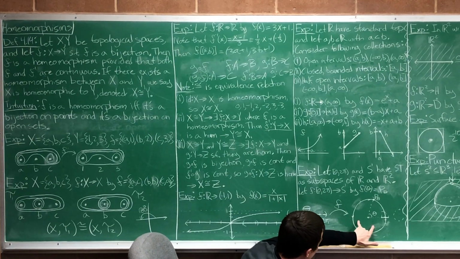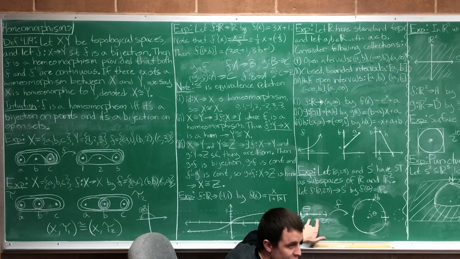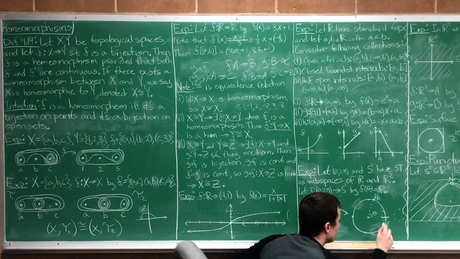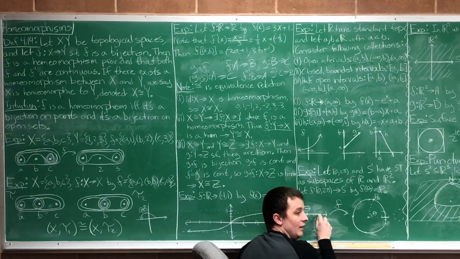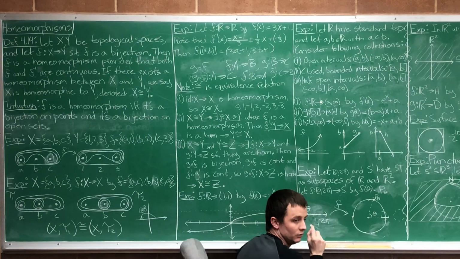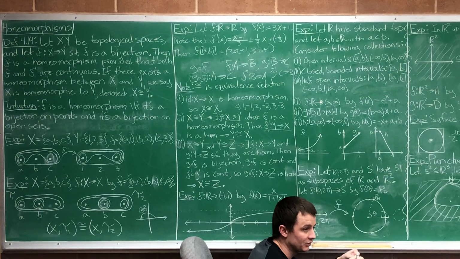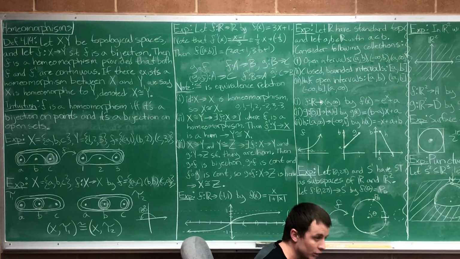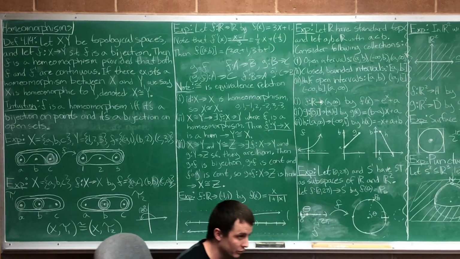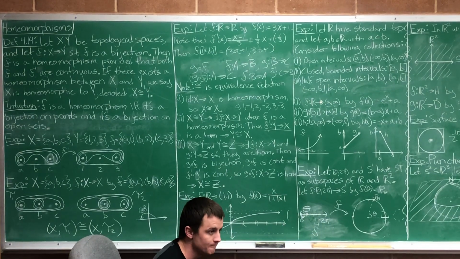Can I take this and make it look like this and preserve proximity? Keep every point close. Every point that was close here is still close over here, and no points that weren't close here are close here. So all the points that were close have to stay close, and all the points that weren't close have to stay not close. That's ultimately what topology gives us, a way of talking about proximity.